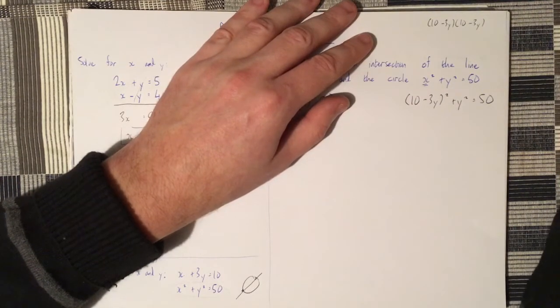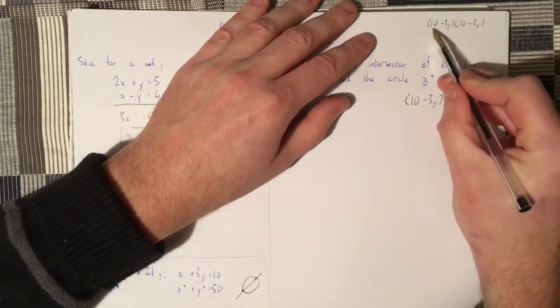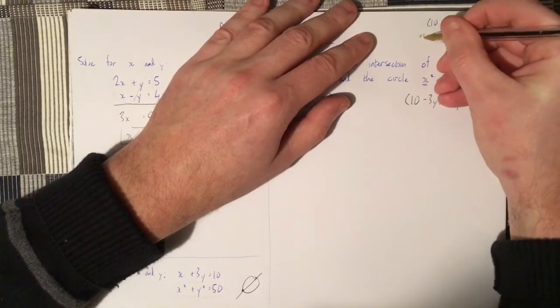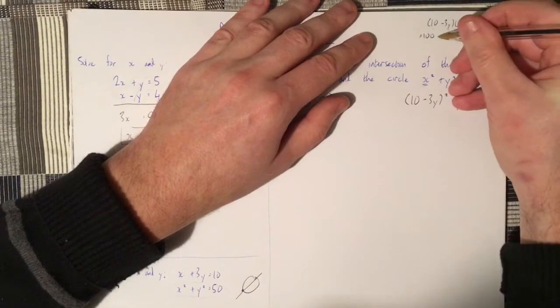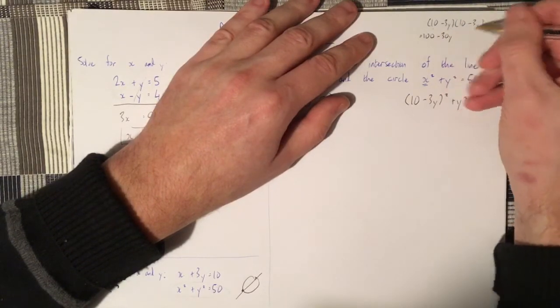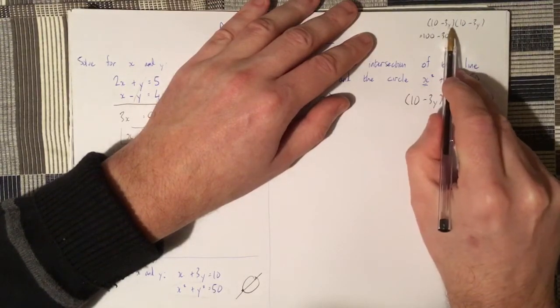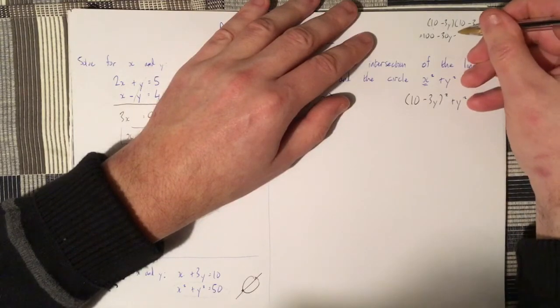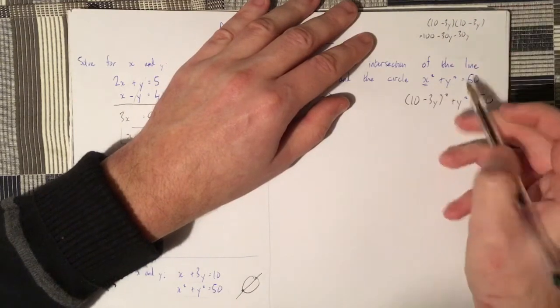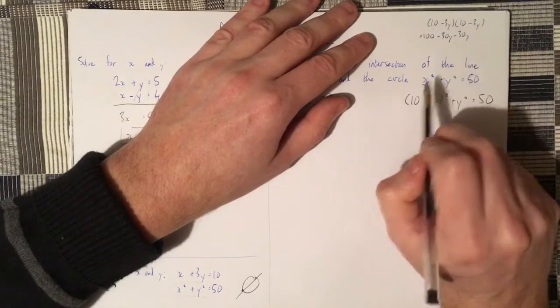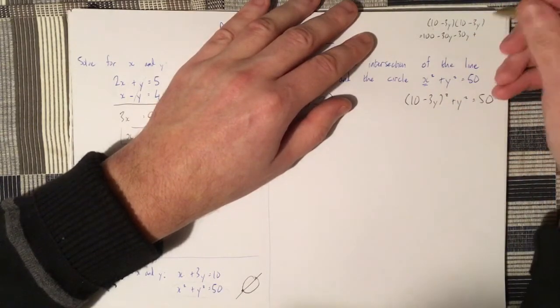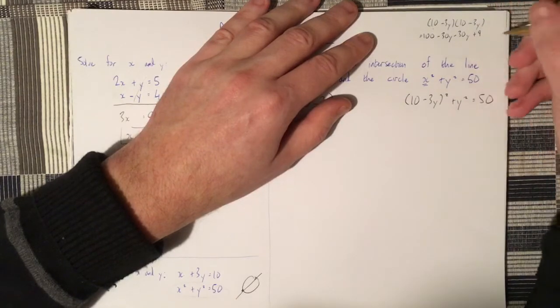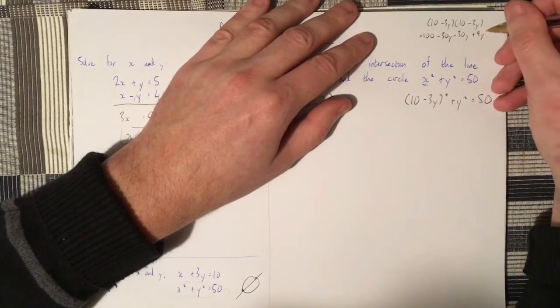So if you're to multiply that out in full, 10 times 10 is 100. 10 times minus 3y is minus 30y. Minus 3y times 10 is minus 30y. And minus 3y multiplied by minus 3y, minus by a minus is a plus, 3 by 3 is 9, y by y is y squared.